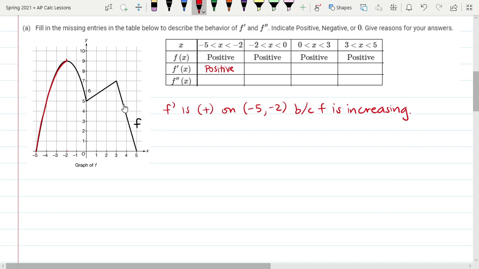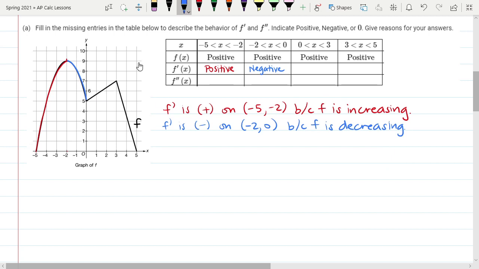All right, now from -2 to 0, notice that f now is decreasing, meaning f prime must be negative. So again, f prime is negative on the interval from -2 to 0 because f is decreasing.